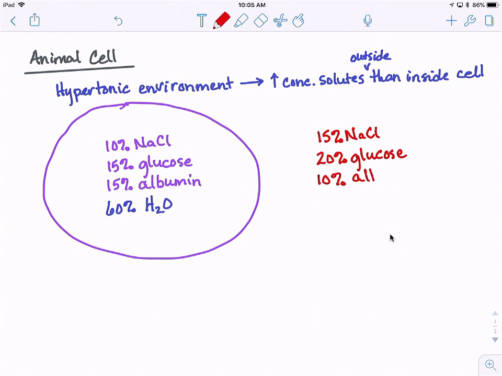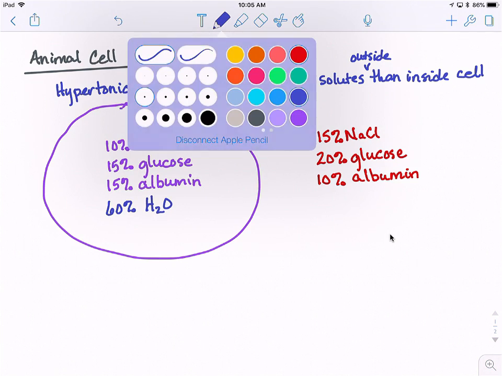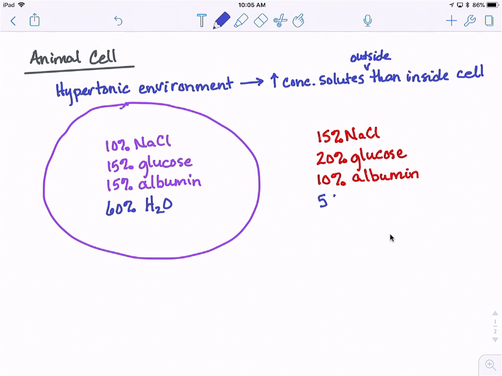And I have some albumin. So once again, I'm accounting for 45%. What's the other 55%? Water. As we said before, there's water inside the cell, there's water outside the cell.